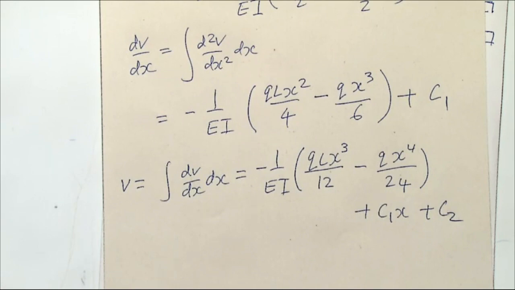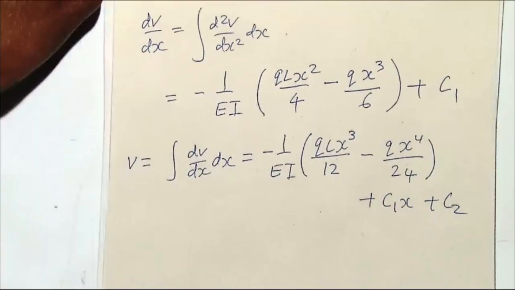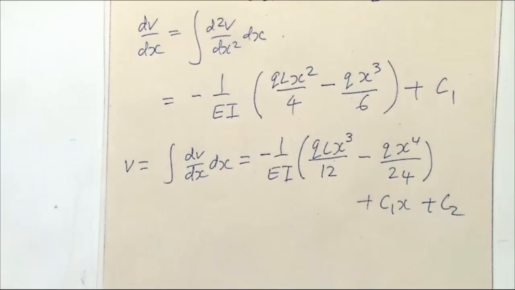So now I need to know what C1 is and what C2 is. In order to do that, I want to use my boundary conditions. Boundary conditions are what do you know in terms of the deflection and what do you know in terms of the slope, dv dx, in the beam.